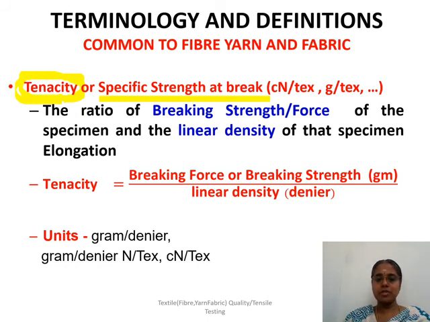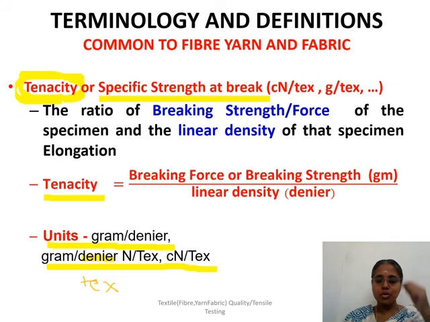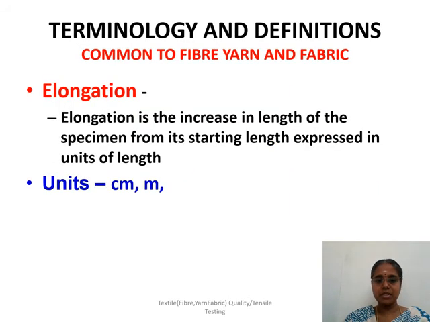So breaking force, you will find out in your experiments. Tenacity is gram by linear density. Your units are gram per tex, Newton per tex, centinewton per tex. All these terms you can use for tenacity, similar to your specific strength.